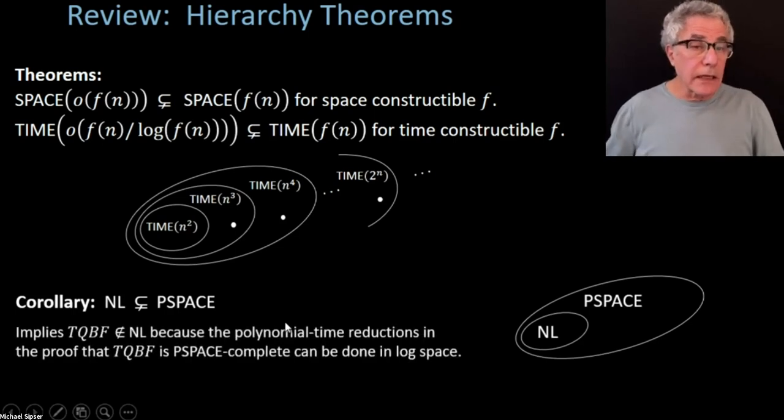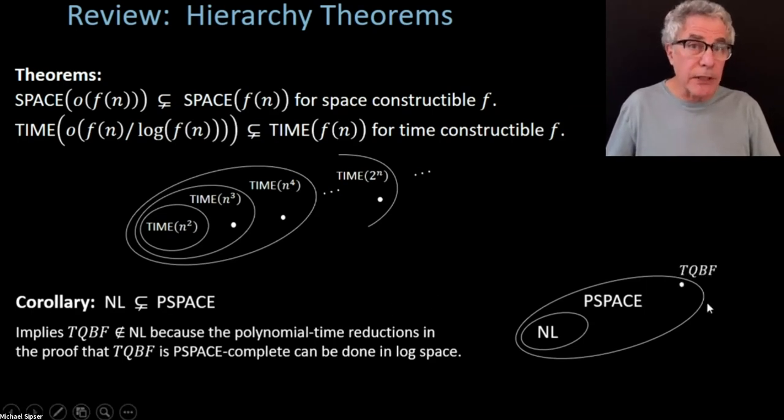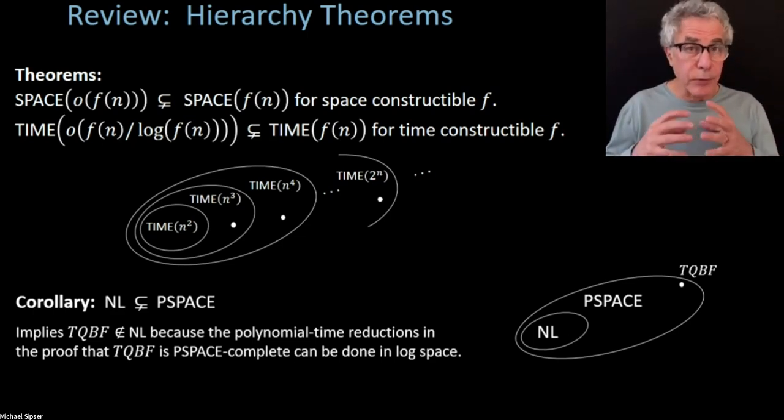A follow-on corollary that we didn't mention last time, but that you should know, is that the TQBF problem, our P-space complete problem, is an example of a problem that's in P-space, obviously, but we know it's also not in NL. In order to get that conclusion, you have to look again at the proof that TQBF is P-space complete, and observe that the reductions that we gave in that proof can be carried out not only in polynomial time, but they can be carried out in log space.